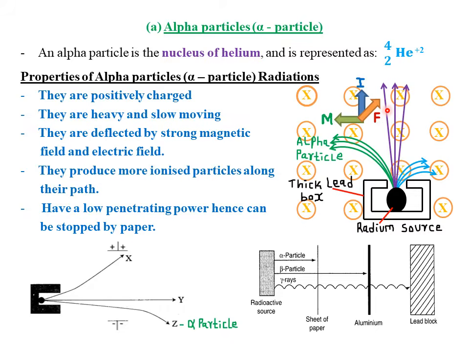And because the alpha particles are positively charged, therefore the current is moving from the radium source, then upward. So the current, you hold the second finger upward, then the thumb point it towards the screen.